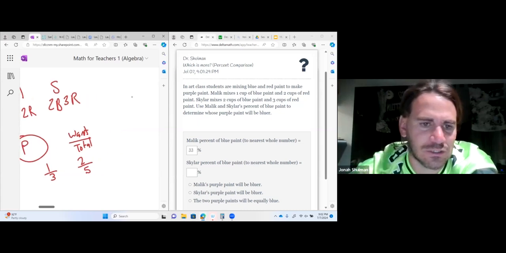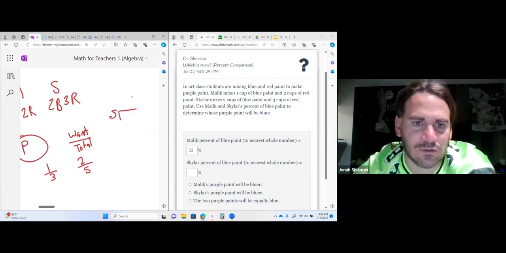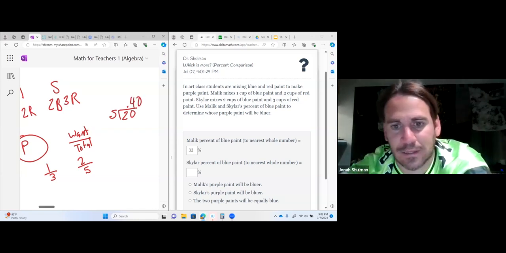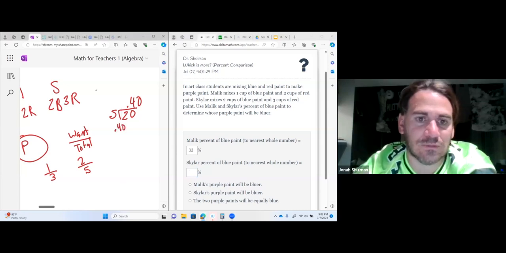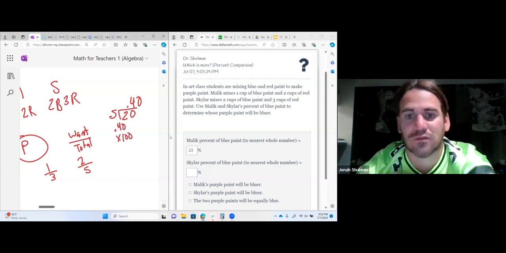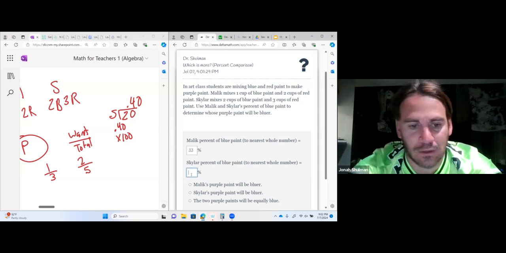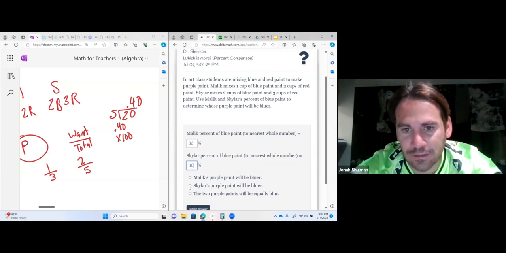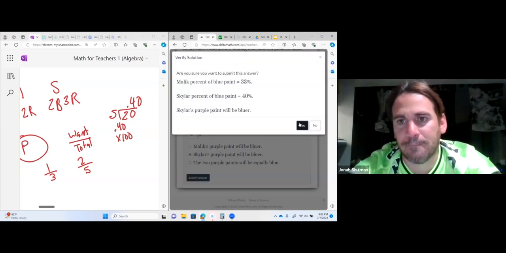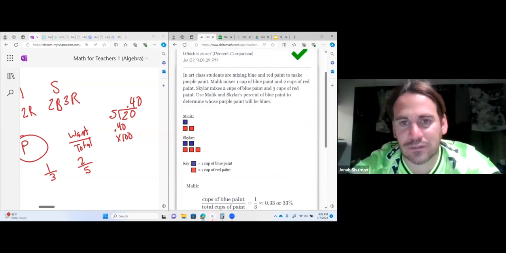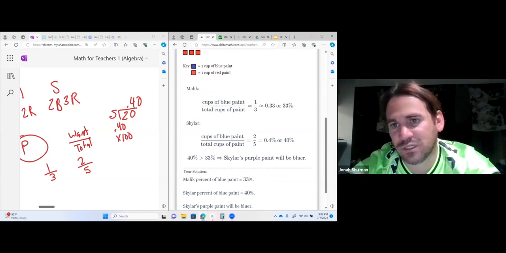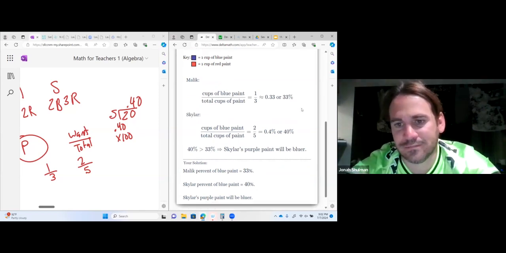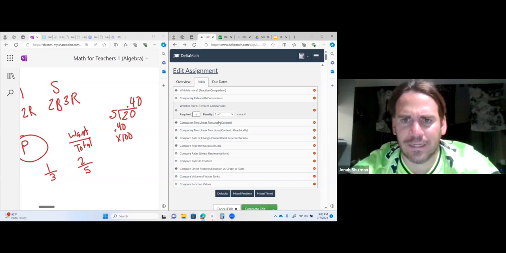And if you're not sure how to do it, we just divide. 5 goes into 2, it can't. 5 can go into 20 4 times, so this is 0.4. To get the percentage, you just times the 0.4 by 100, so that's 40%. Who's bluer? Our girl, Skylar. We did it. Oh, I like the colors. Very nice. This is about 33 because it's 3, continuing. Ta-da.